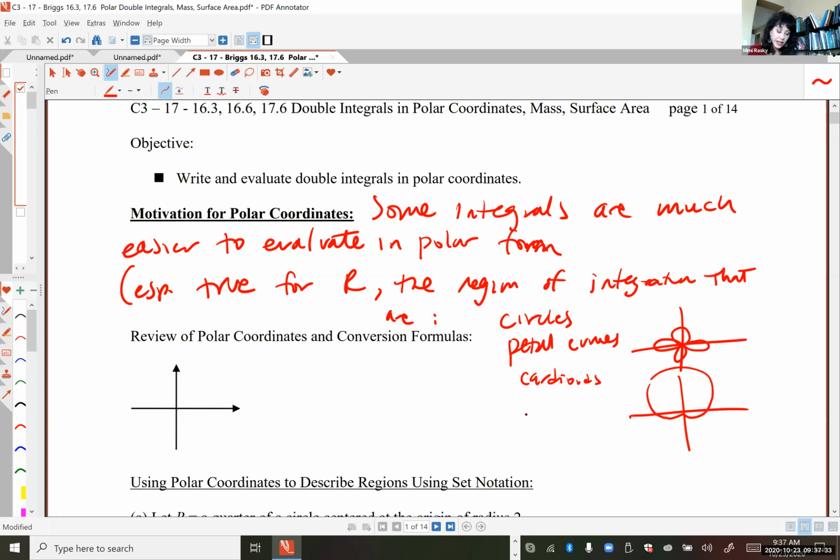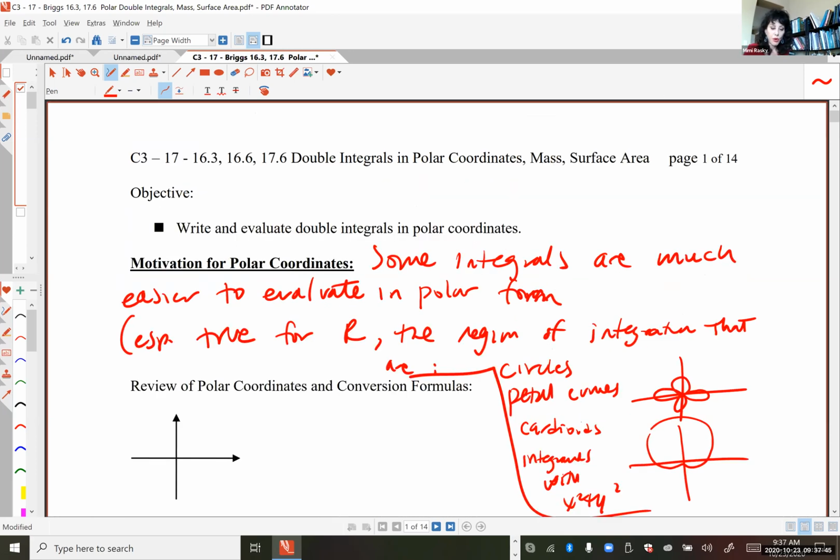And then integrands with x squared plus y squared in them.